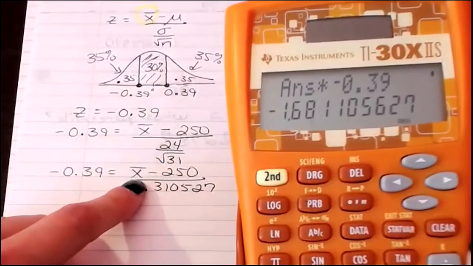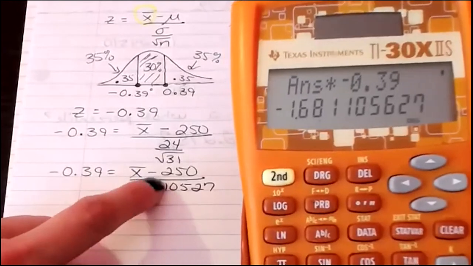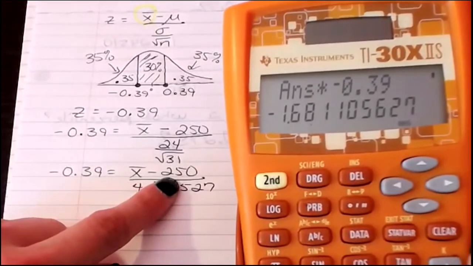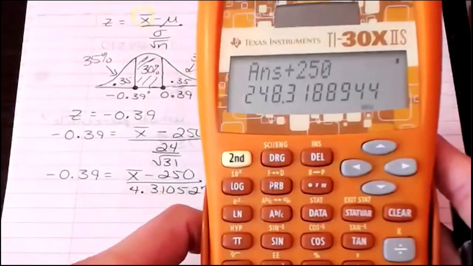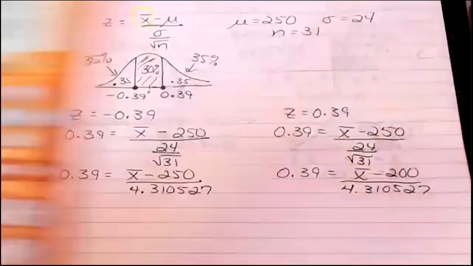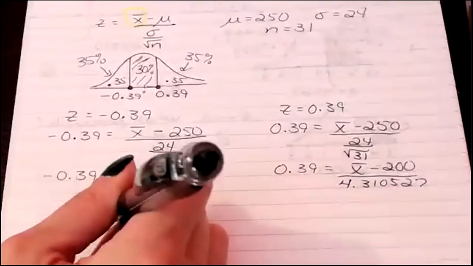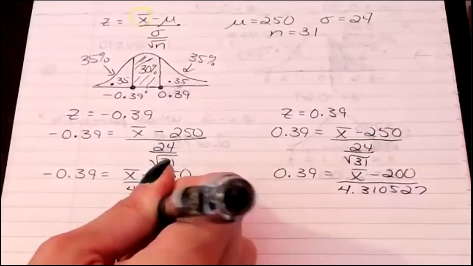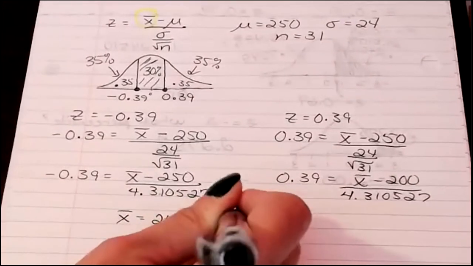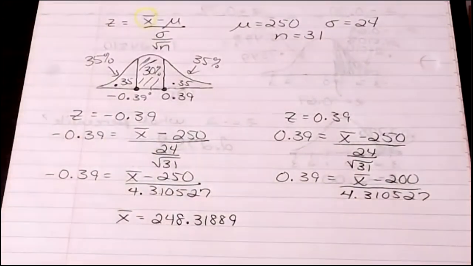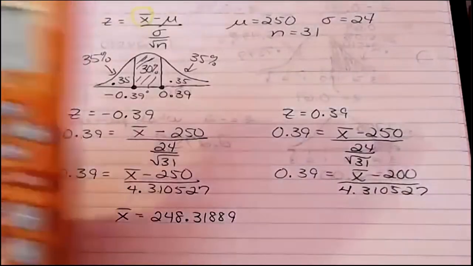And how do I get X bar by itself? By adding 250. So I add 250 here, and I find my lower bound. X bar for my lower bound is 248.31889.